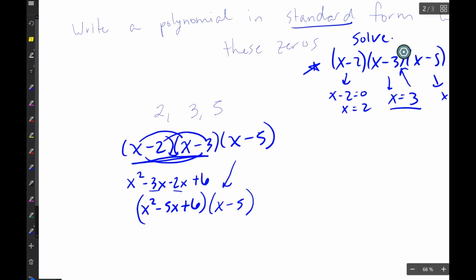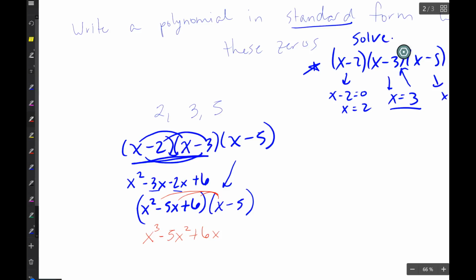It's kind of like FOIL. When you FOIL, you're multiplying everything by everything. So what we're going to do with this guy is multiply everything by the x and then everything by the negative 5. If I multiply everything by the x, I would have x cubed minus 5x squared plus 6x.